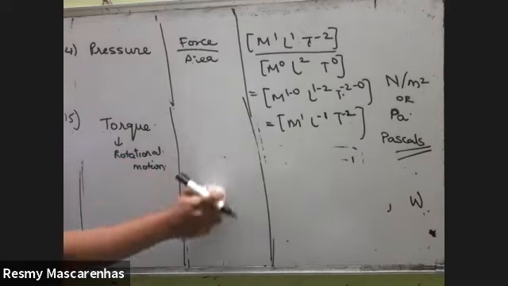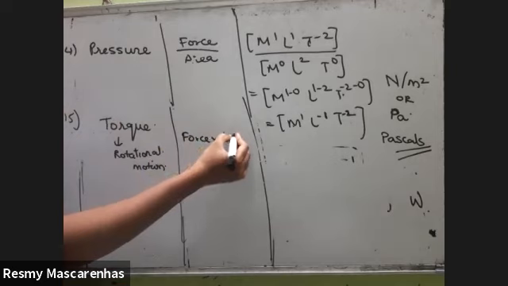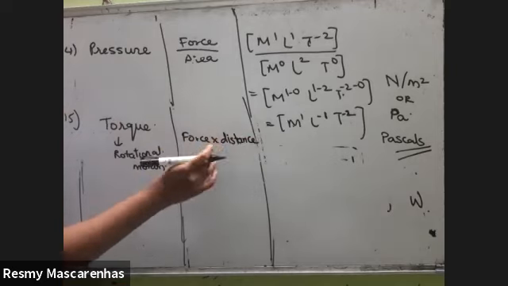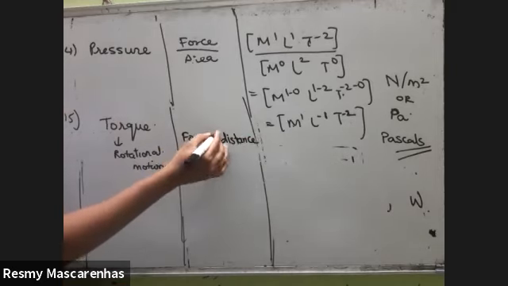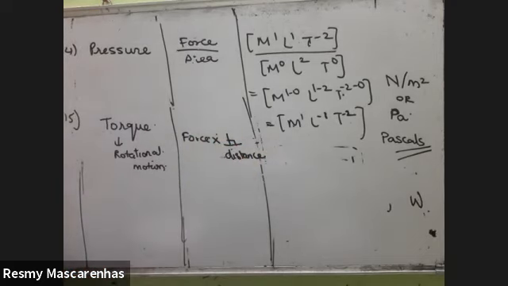So the formula is force which you are applying for a certain distance. Force into perpendicular distance actually. That perpendicular will not actually make any difference while calculating the dimensions.